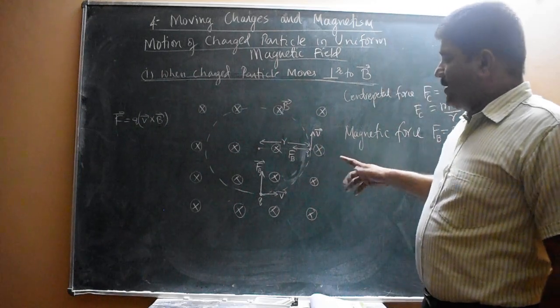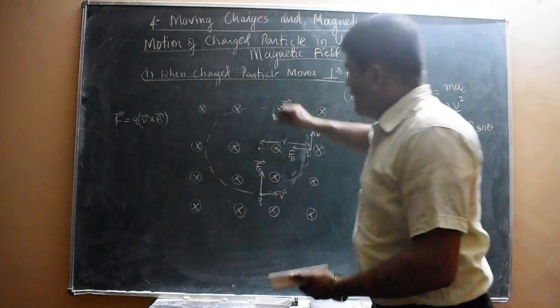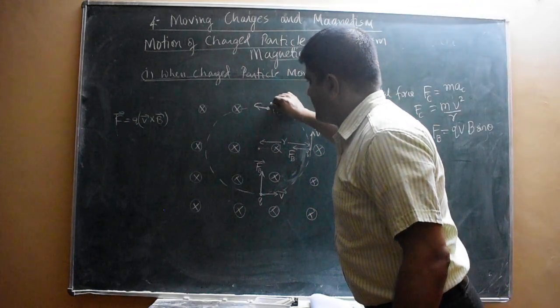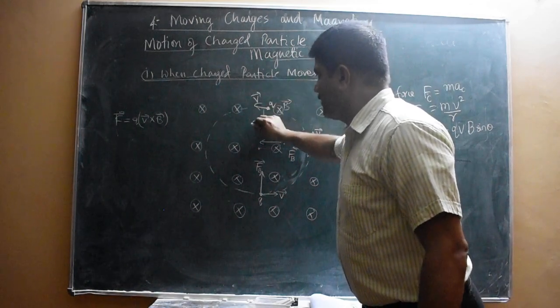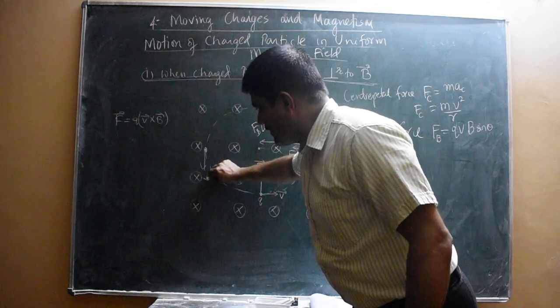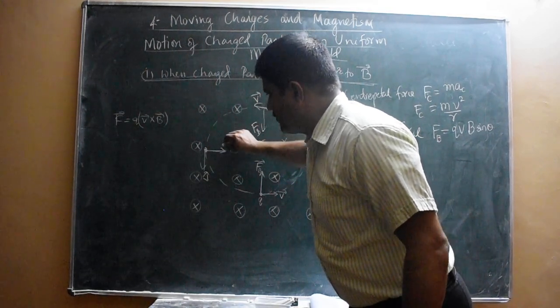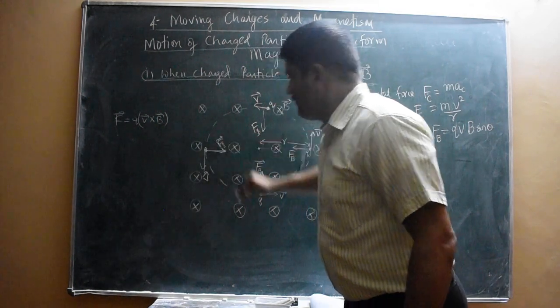Velocity vector is in the plane of board always at any point of the charge. So here the charge is moving with the velocity vector this way and the force will be downward. And here if I take the charged particle velocity downward, force is towards the right. So magnetic force F_b is towards the right.